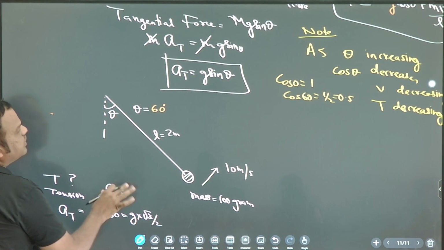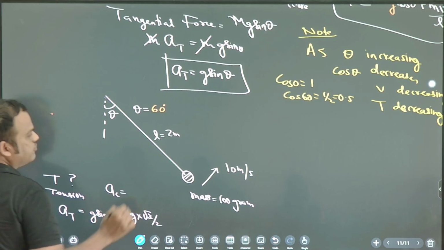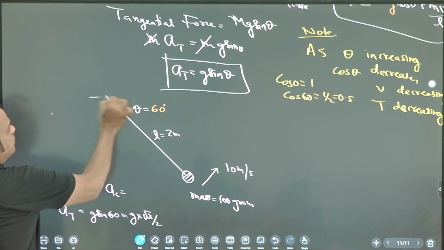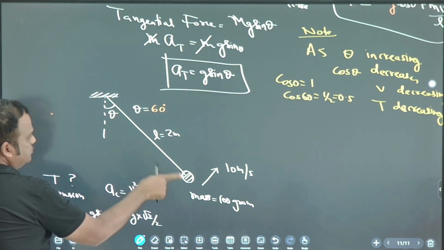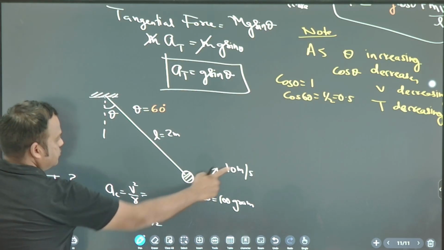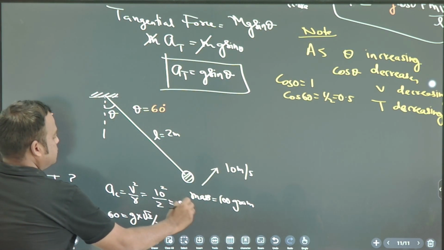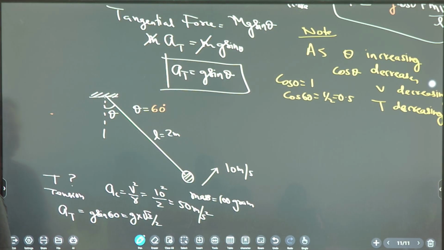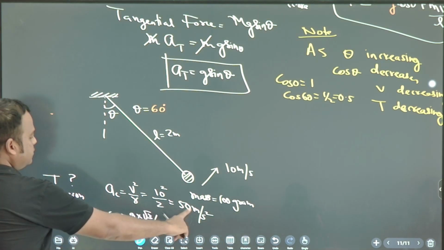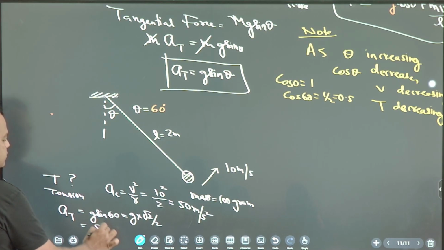AC is v square by R, v is given, so 50 meter per second square. AT is 5 root 3.